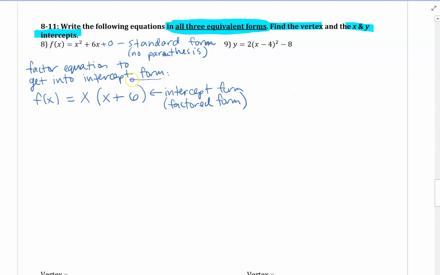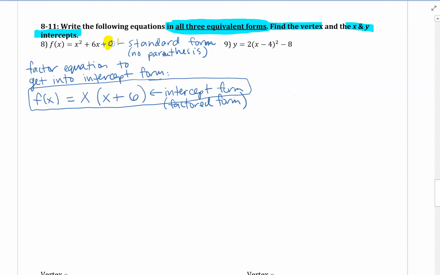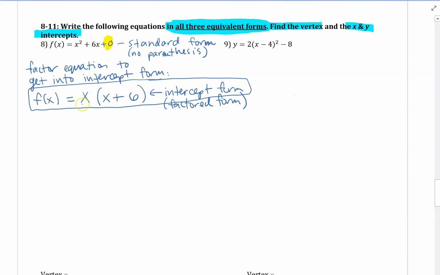So this one reveals to us the x-intercepts. So far we know the y-intercept from standard form and the x-intercepts from intercept form. Really quick, when you have your factors, you can take each factor and set it equal to 0 to solve for your x-intercepts. This one's already done.